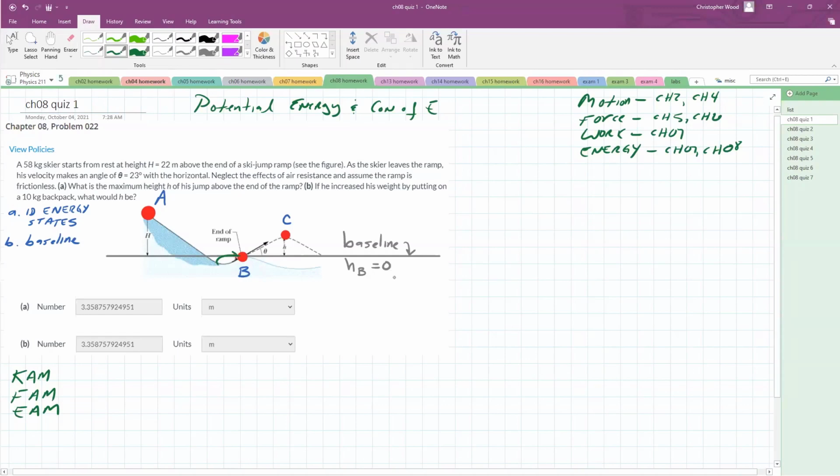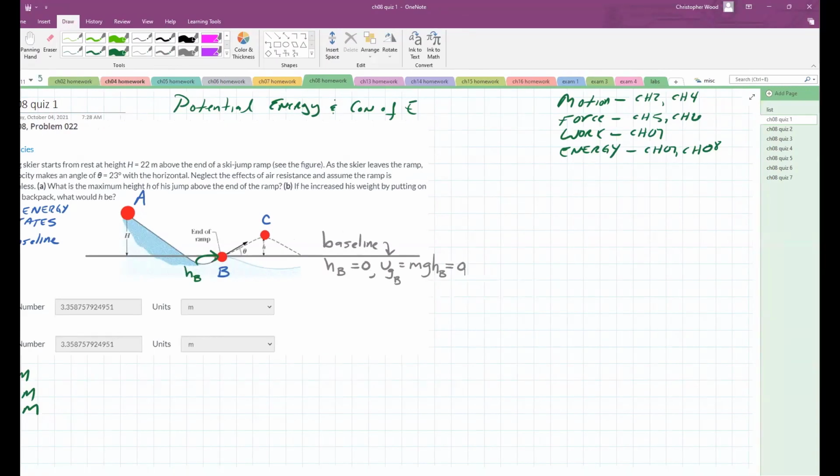It means the gravitational potential energy at B, which equals mgH_B, also equals 0. So you can see this baseline's a big deal. Again, it's like a coordinate system. It's like being smart about how to set up your coordinate system. Same here. You need to be thoughtful about this.